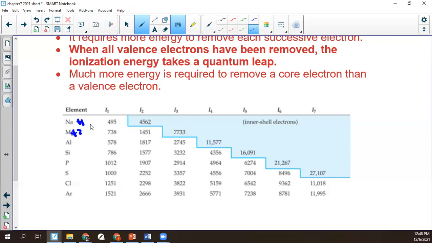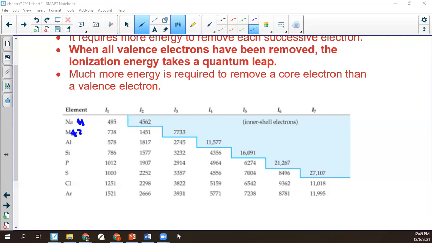If I remove one negative, it becomes positive, right? And to remove a negative from a more positive thing takes more energy. So ionization energy, until you get to the core, it increases because you're removing an electron from an increasingly more positive thing.